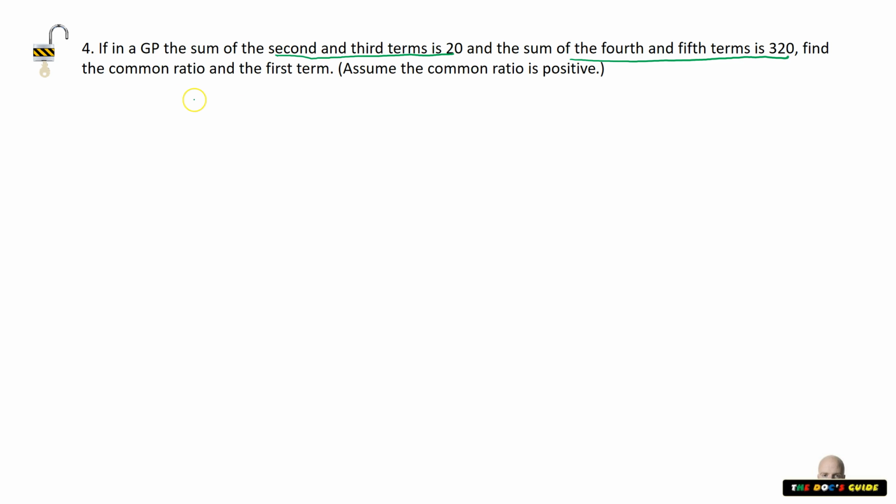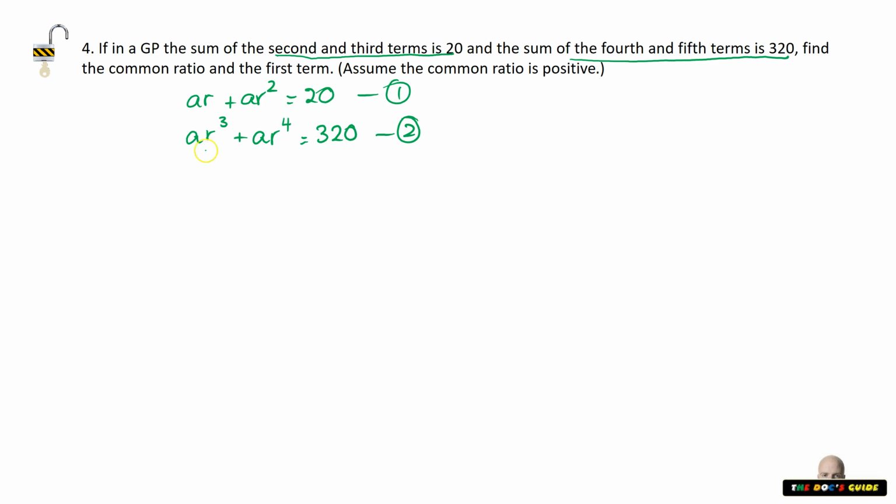The sum of the second and third terms: the second term is ar, the third term is ar squared, and the sum of those two equals 20. That's equation 1. Likewise, the sum of the third term, ar cubed, plus the fifth term, ar to the fourth, is 320.